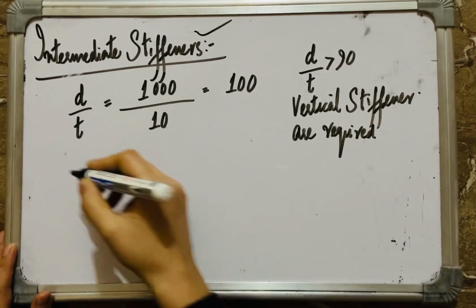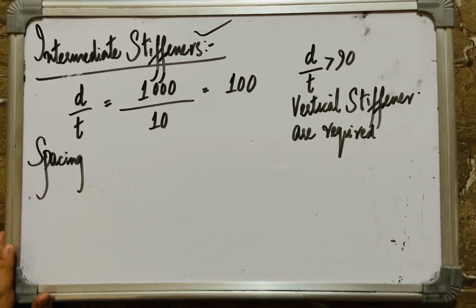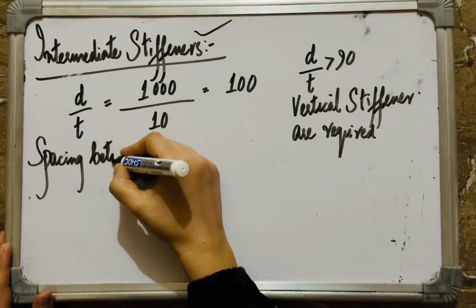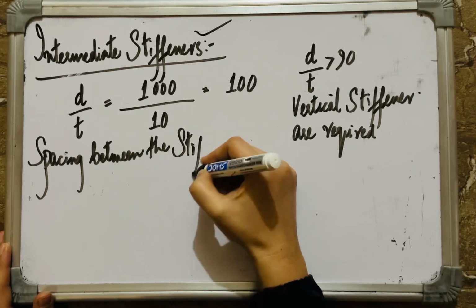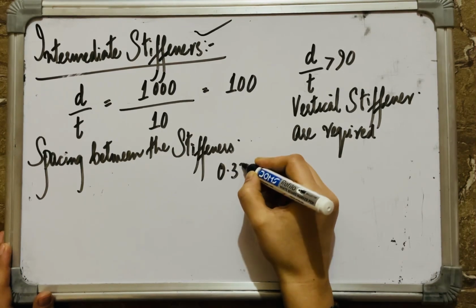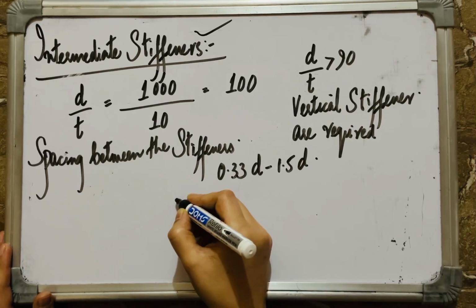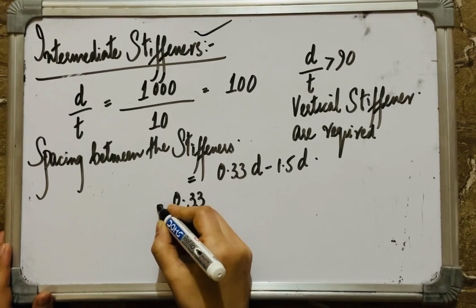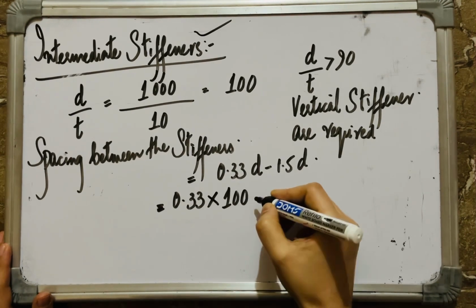And the spacing between our intermediate stiffeners, which are now vertical stiffeners in this type of bridge, is given by 0.33d to 1.5d. All right, so let's check: what is d? 1000.